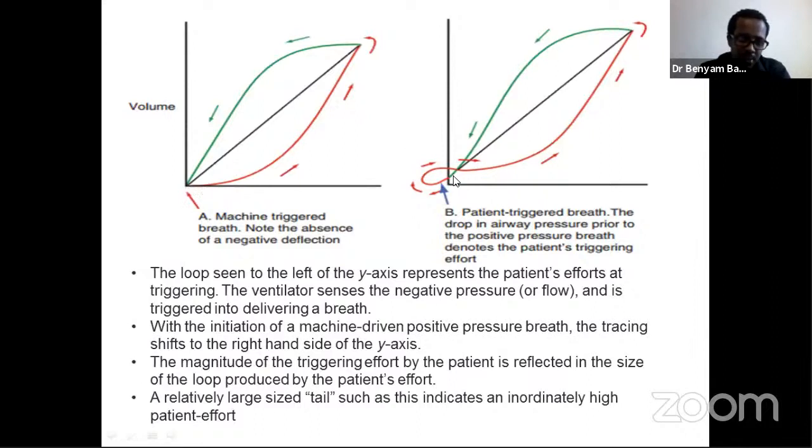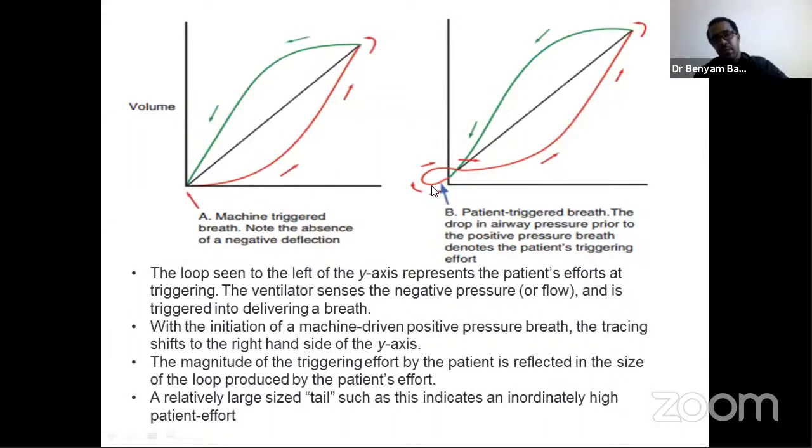But if the patient is initially triggering a negative pressure, which is clockwise, then the mechanical ventilator will take over and deliver the set pressure, or the peak pressure we have set. Or if it's volume, the peak inspiratory pressure will be achieved by the ventilator. So rather than clockwise during the spontaneous part, it will be anti-clockwise.